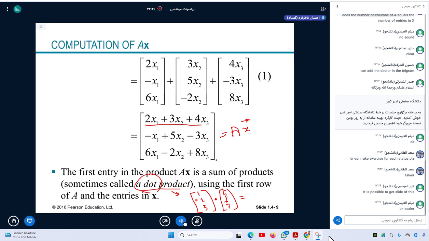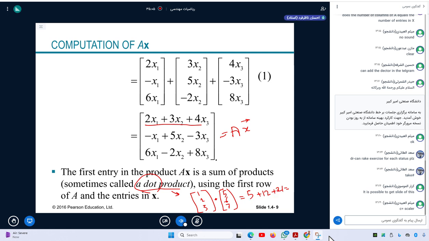So the answer is 1 times 5 plus 2 times 6 plus 3 times 7. The answer is a scalar.